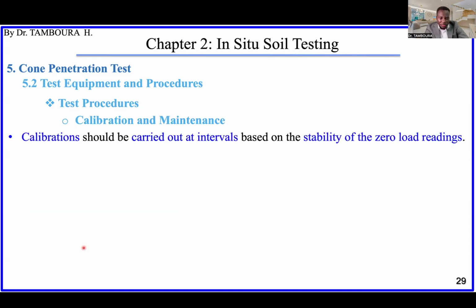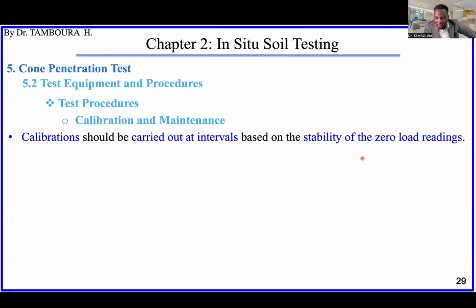Calibration and maintenance. If you are using any equipment, you need to maintain it. The calibration should be carried out at intervals based on the stability of the zero load reading. Zero load reading, we have explained this.